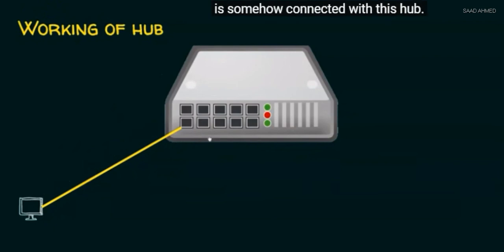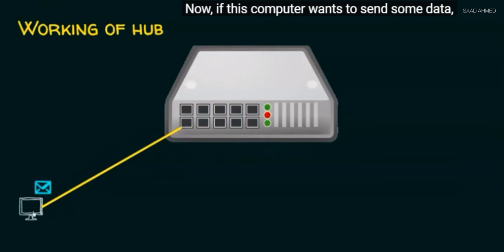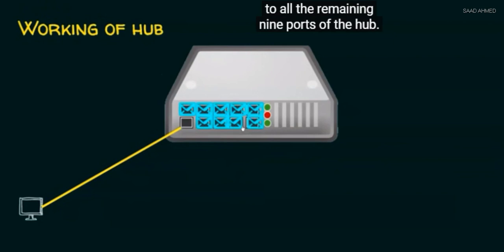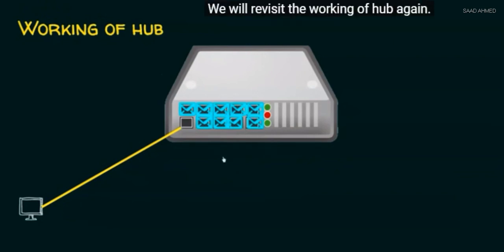Now let's assume this computer is connected to this hub, and if it wants to send some data, the data is sent to this port. Now the hub copies this information to all the remaining 9 ports of the hub. So this is the working principle of a hub.